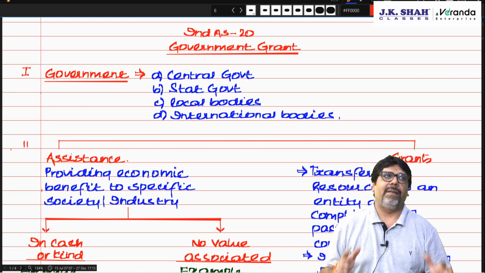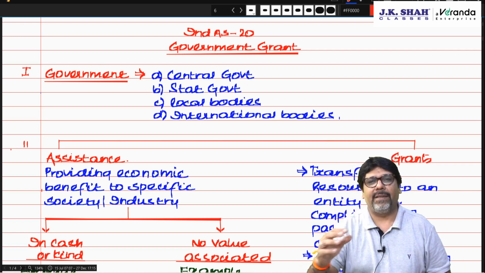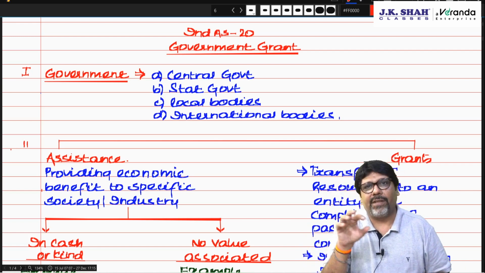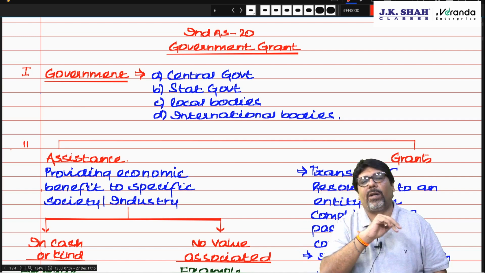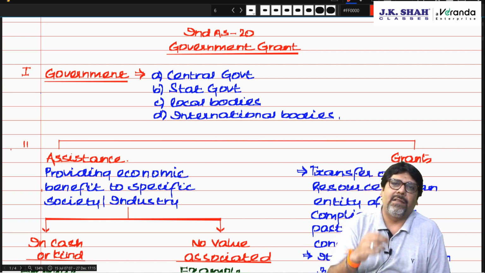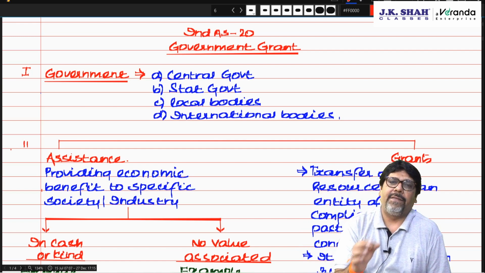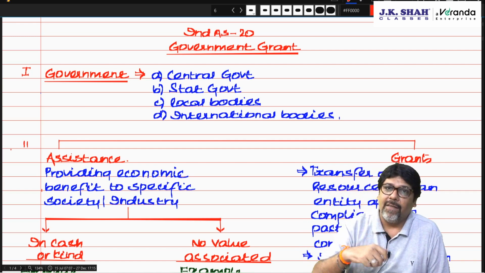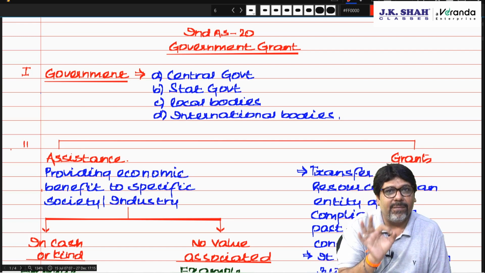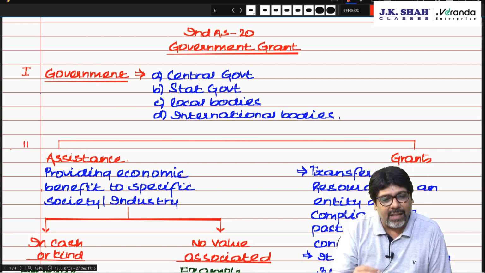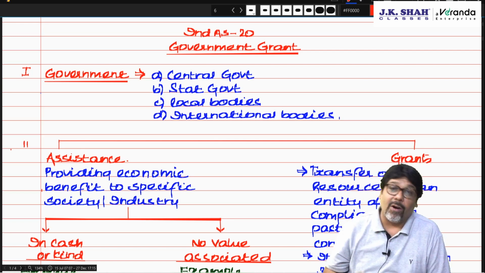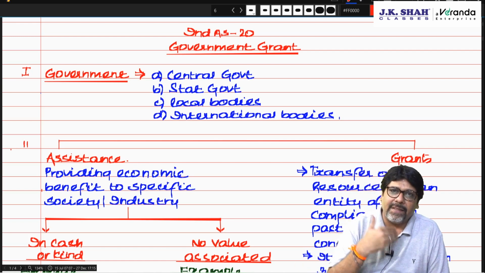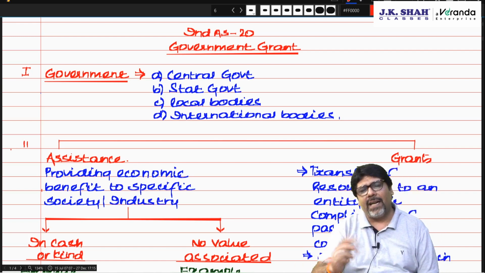That means government in Bangalore started a concept that in Whitefield area, if you start an IT company, then Wi-Fi is free and there is a free medical insurance for all your employees. Correct. So this is a government grant which can be measured in terms of money, and hence this shall be accounted as government grant, although it's a government assistance, not to a specific industry, not to a specific entity, but to the industry at large.